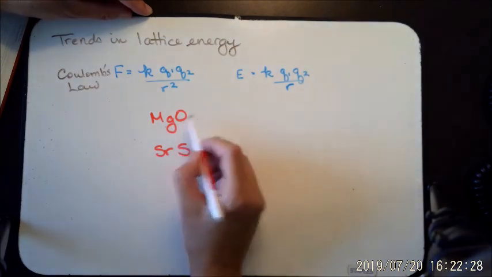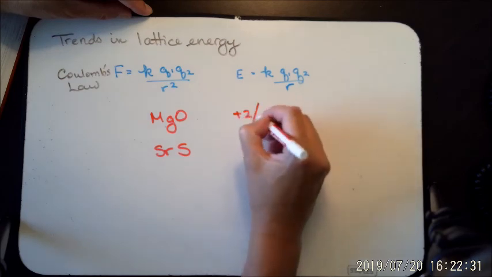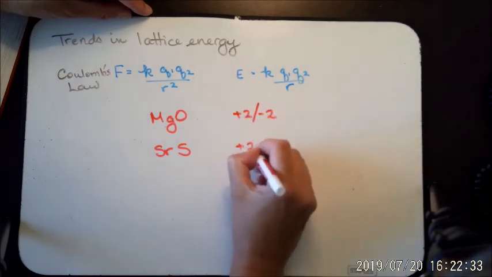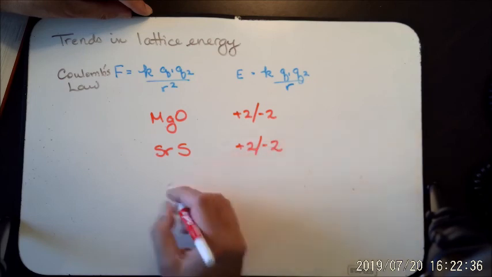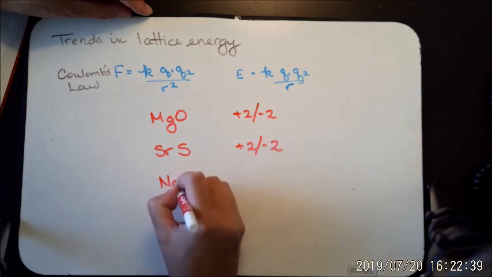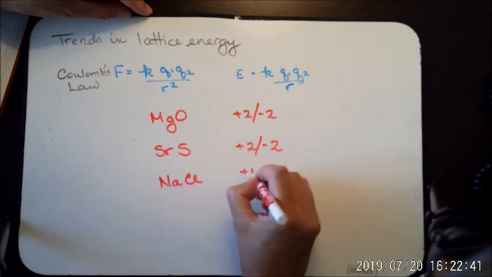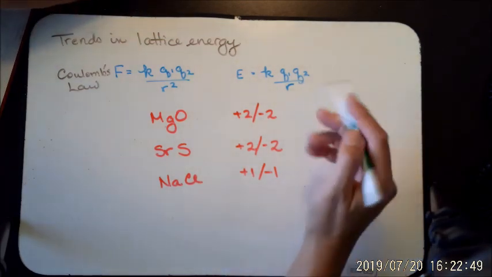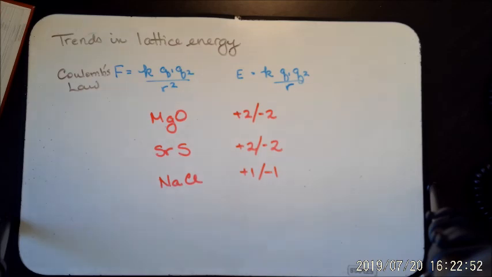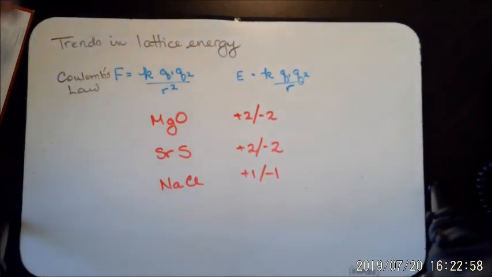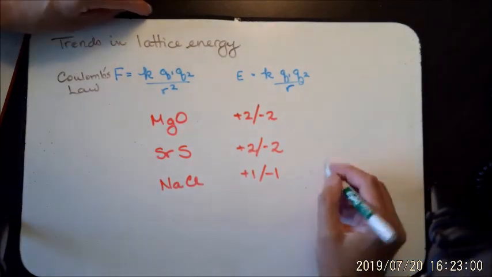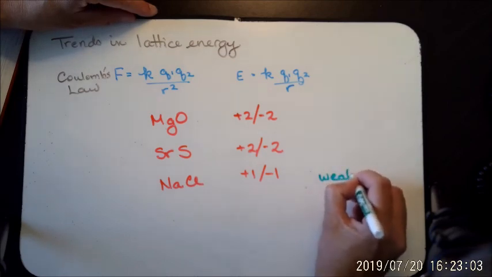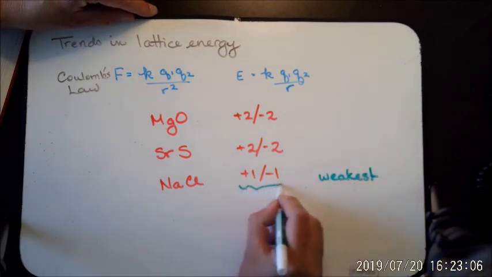Here, this is a +2, -2, +2, -2, and then let's compare it to sodium chloride, +1, -1. So already you know, before you even talk about sizes, since the charges are emphasized a little more, it's more of a contributor to the energetics behind the ionic bond, then you know that of the three, this is the weakest, just by nature of the charge.